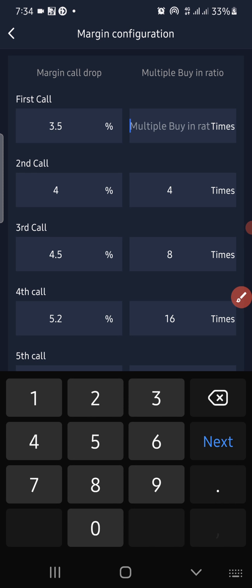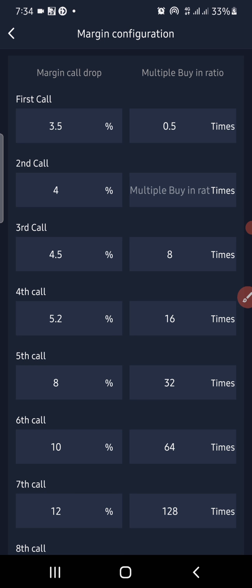If your USDT is 100 USDT, for instance, I don't expect you to put one here. You can put 0.5, 0.2, or 0.1, depending on the amount of USDT that you want to use to do the trade.